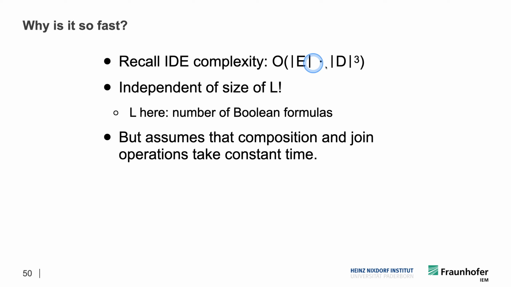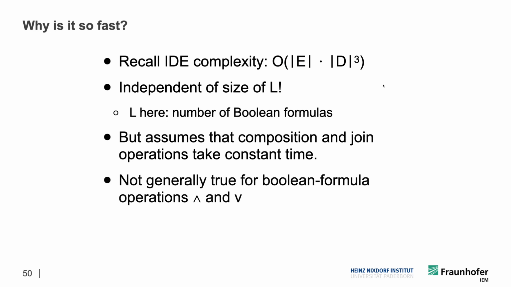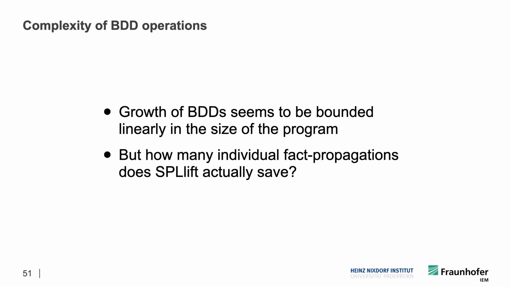So that means this estimate here for SPLift is not entirely true. So it's not generally true for formula operations and or. And it's also not true about BDD operations. So for BDDs in particular, the growth of BDDs seems to be bounded linearly in the size of the program.